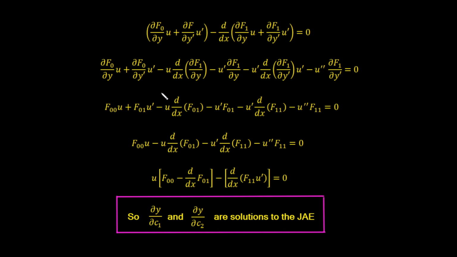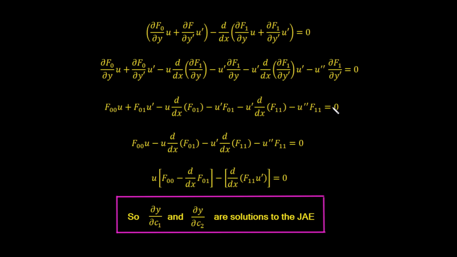Now what we can do is take the values here, partial f naught by partial y, and we can replace them by our simplified nomenclature. So this term here is going to be our f naught naught, this term here is going to be our f naught 1, and so on and so forth. This is f naught 1, and the 1 1 and the 1 1 here.